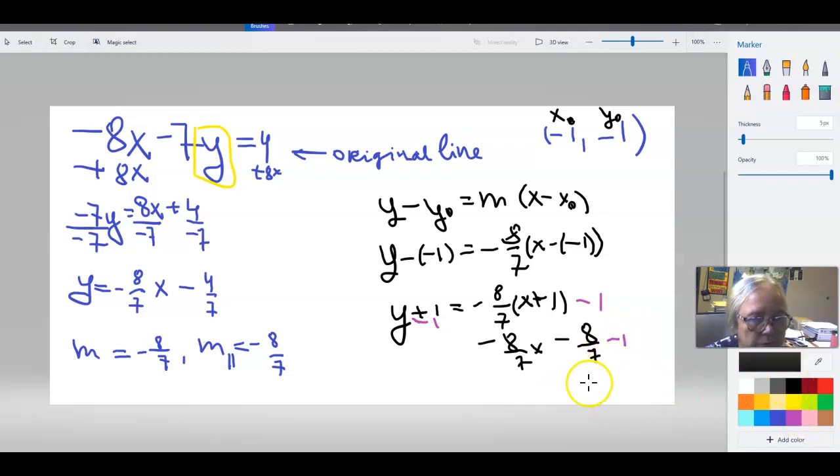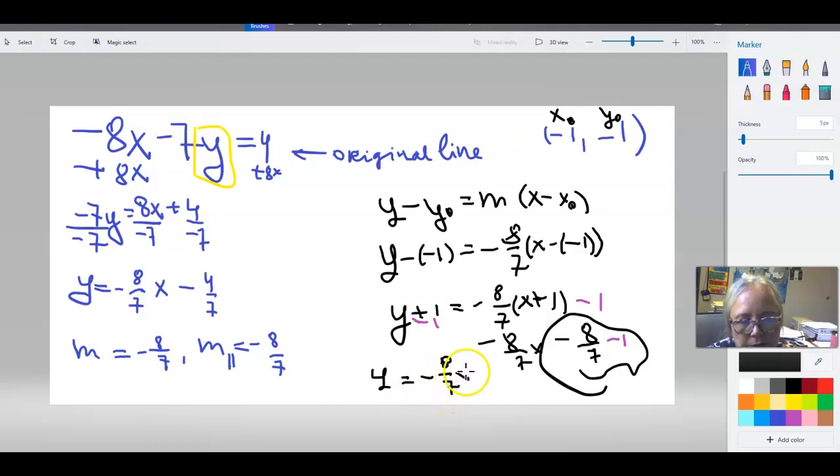So after you combine here, you get y equals -8/7 x minus 7/7 is 1, so -15/7. That's the equation of a parallel line.